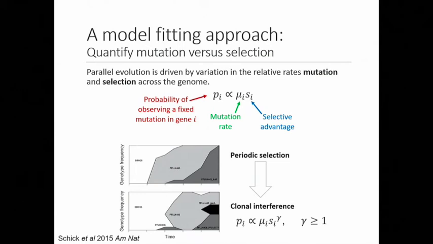Through this approach, we were able to get a general idea of what that variation looks like, assuming some specific distribution. We've assumed a gamma distribution, and then we can look at how that fits the data. We can characterize how much variation comes from one versus the other. But the question is, is there some way that we can also characterize what is driving that variation?